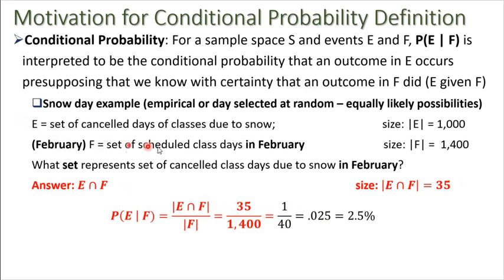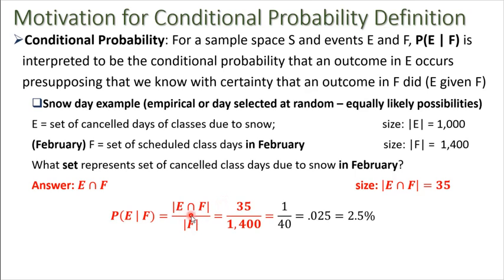Now, if instead F were the set of scheduled class days in February, it would be the same thing, except F would be a different set. So F here, the size is 1,400, and here we would expect the intersection of E and F to not be empty. Here we would expect that there were class days with snow that were also in February. So if we're doing the probability that it snows, given that we were in February, we would take the number of days that were both canceled due to snow and were in February.